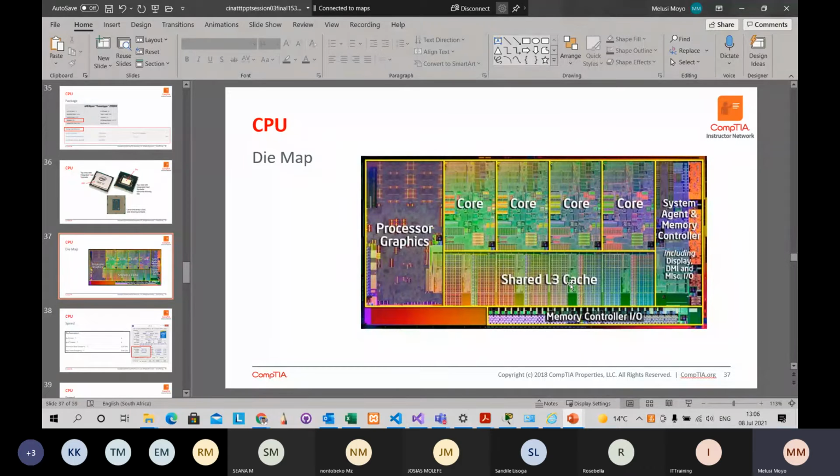So it will store that on the L3 cache. It happens sometimes that we open a lot of applications and programs, and then we overload our CPU. Then the CPU will say, okay, sorry, now I don't have space on the shared L3 cache, and some of the information will move to RAM, right?